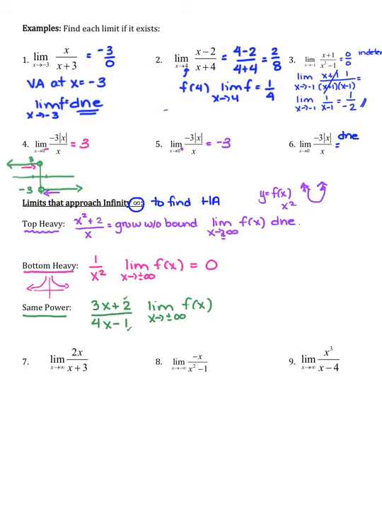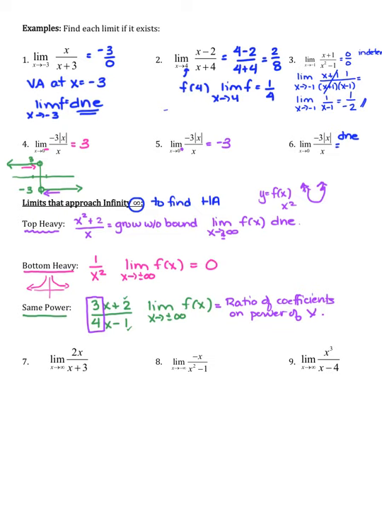So what happens is it's going to be the reduced form. This is just like finding your horizontal asymptotes. When you have the same power, you just pick off the coefficients, and for this particular one, the limit would be 3/4. Here it will be the ratio of the coefficients on the highest powers of x.